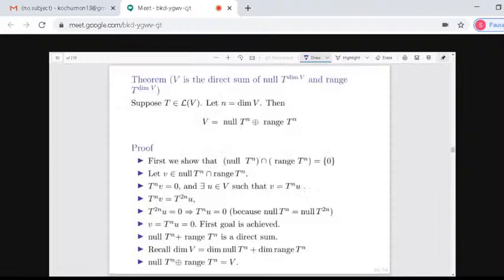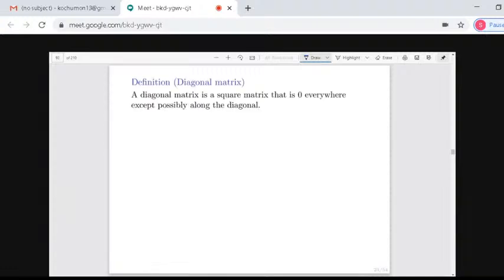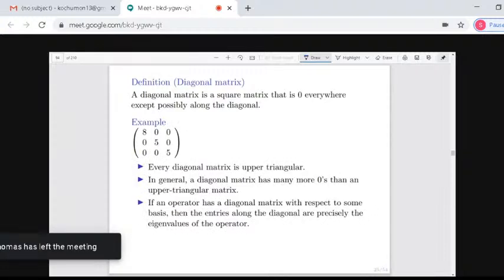So now I come to the second part of my talk, where we talk about eigenspaces and diagonalization. What is a diagonal matrix? I hope everybody knows. Every element is 0 except possibly along the diagonal. That's the definition of a diagonal matrix. Look at an example. Diagonal matrices are very nice.